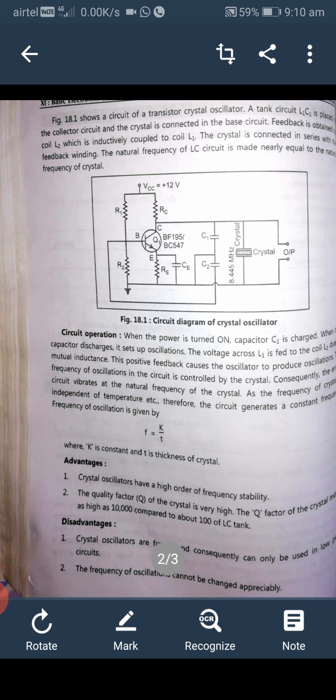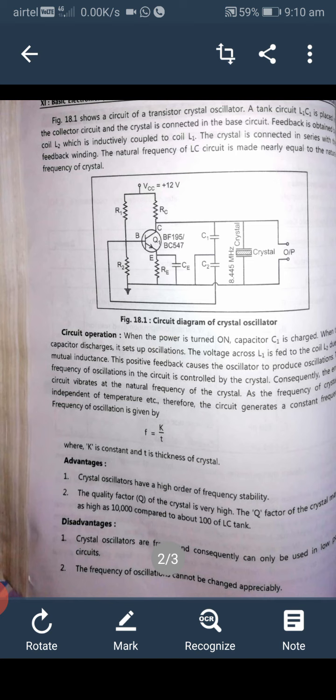Feedback is obtained by coil L2, which is inductively coupled to coil L1. The crystal is connected in series with the feedback winding. The natural frequency of the LC circuit is made nearly equal to the natural frequency of the crystal.